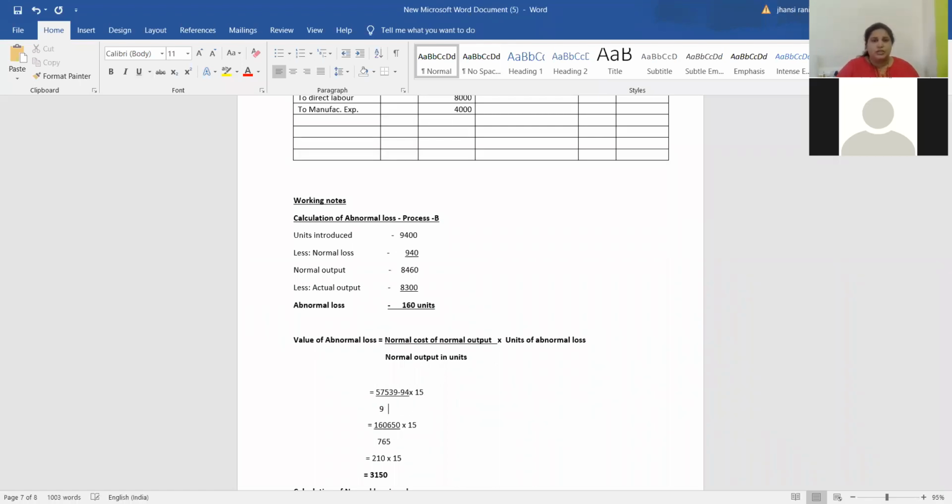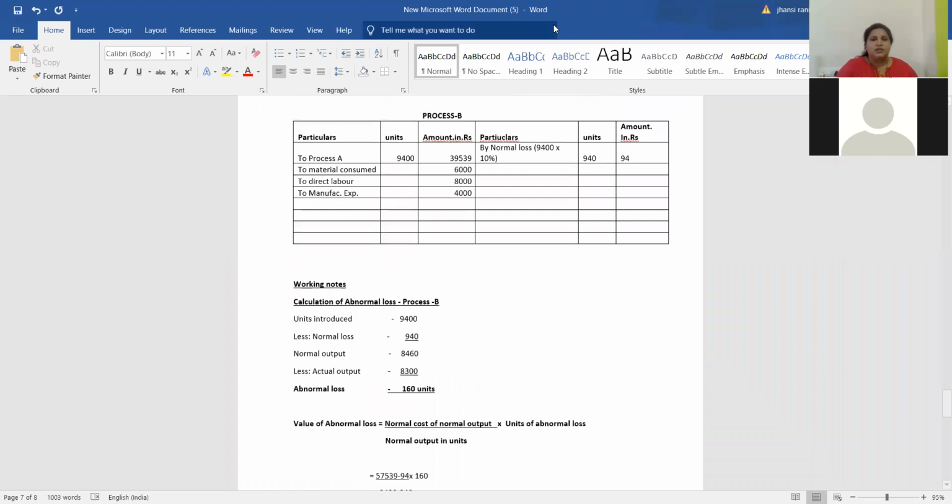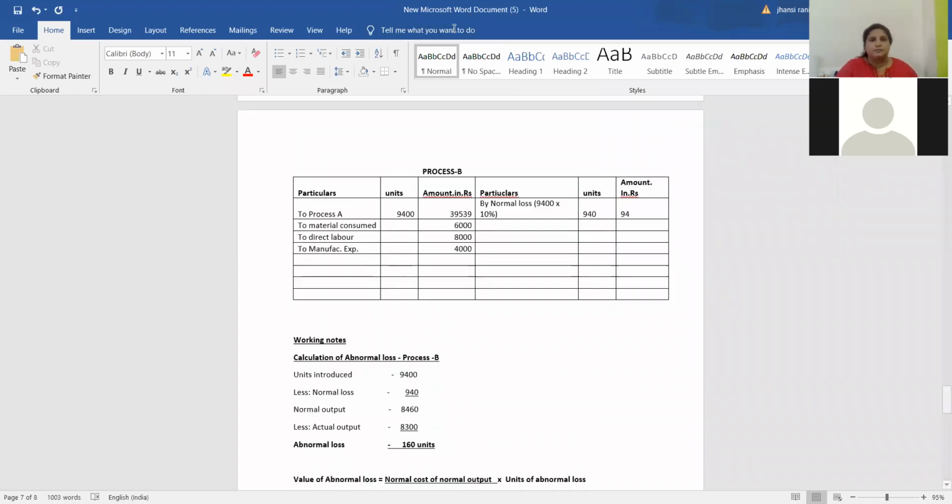divided by normal output in units. Units actually introduced were 9,400 minus normal loss in units 940, and we got an abnormal loss of 160 units. So let us find out 57,539 minus 94. It comes to 57,445.